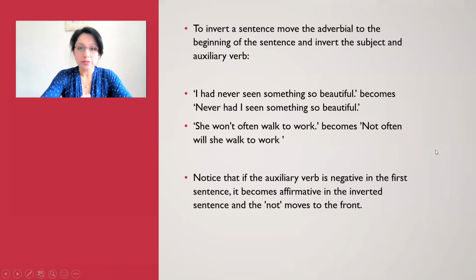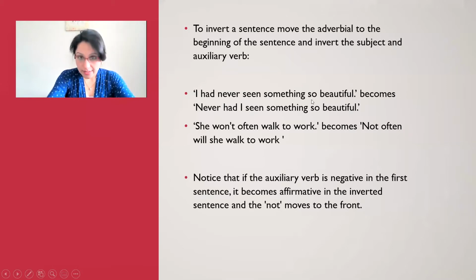Okay, so starting with when and how to do it. To invert a sentence, you have to move the adverbial to the beginning of the sentence and invert the subject and the auxiliary verb. Too much? Okay, so look here. This is a normal sentence: I had never seen something so beautiful.